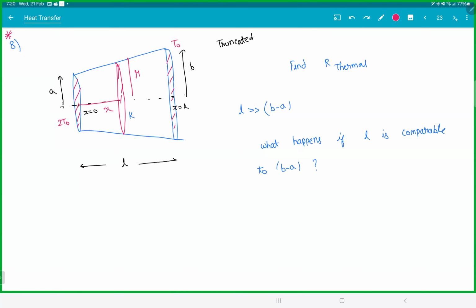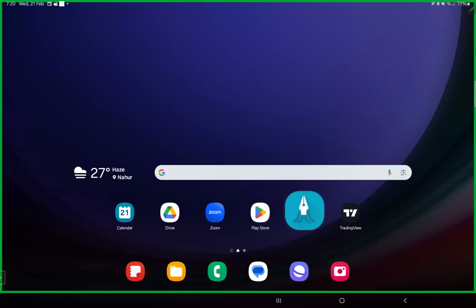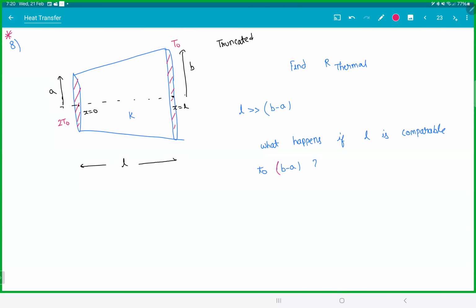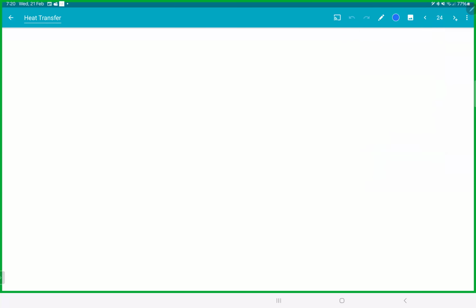Right. It's more of a geometry. There are two or three ways to do this. If you take this point as origin 0, 0, this point would be 0, a.